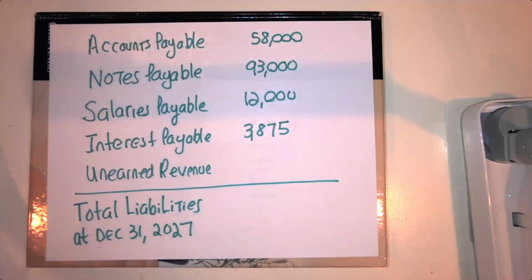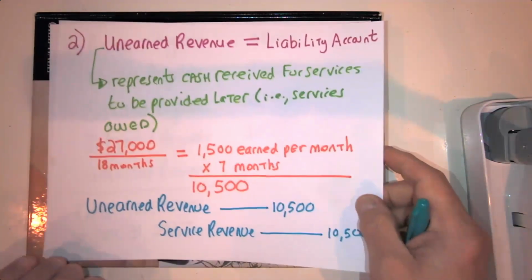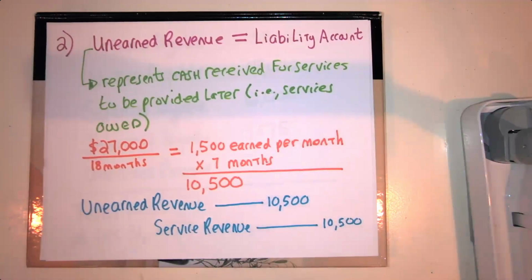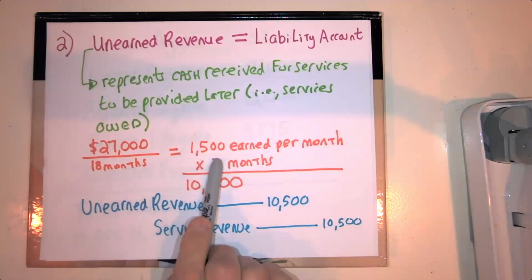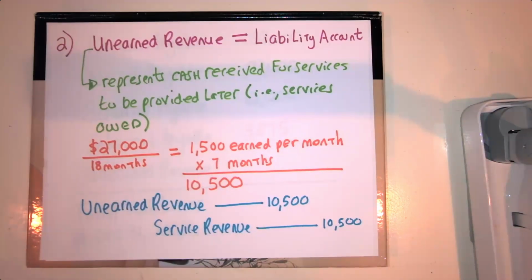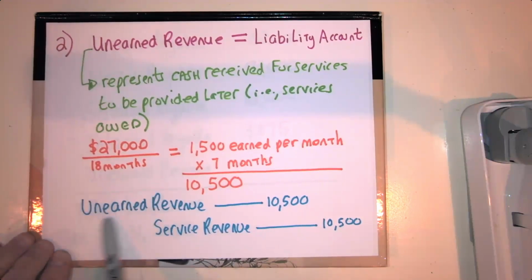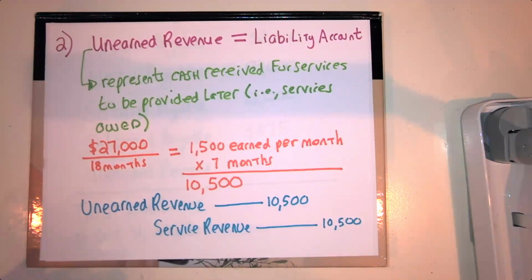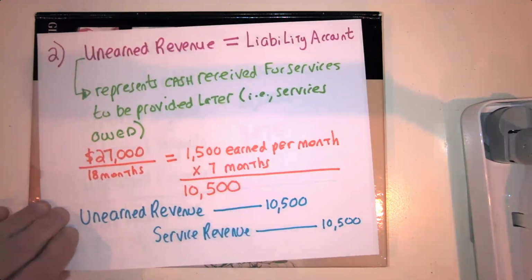But then at the end of the year, we made that adjusting entry to account for the 7 months of services we have since provided. And as part of that adjusting entry, we debited it to reduce the liability because we don't owe those services anymore. Those 7 months have been given.